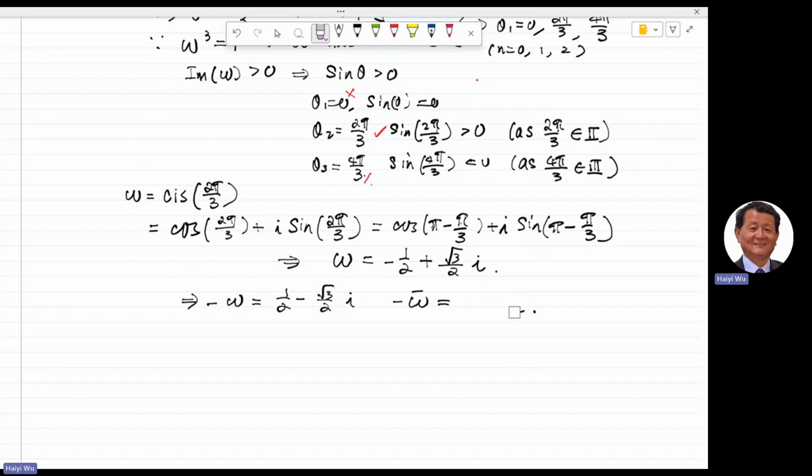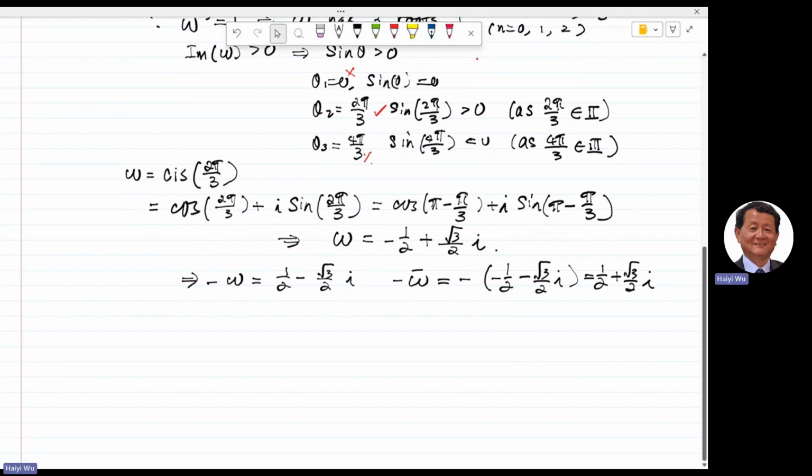Let's do one more step: negative of negative half, that's the conjugate. If we expand the bracket, it becomes positive and positive.